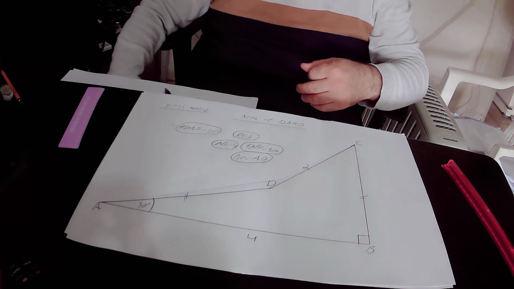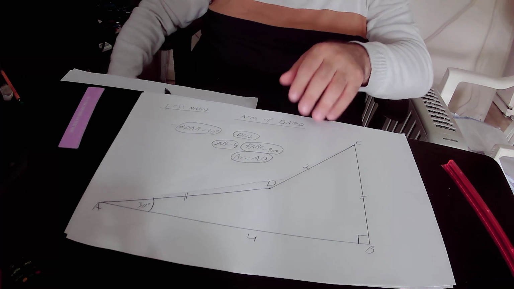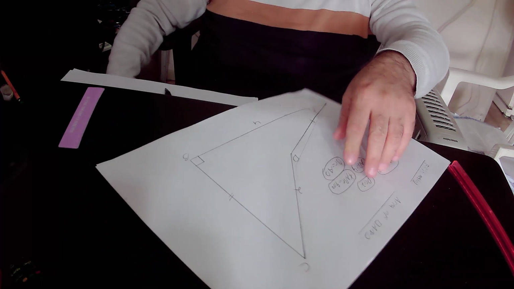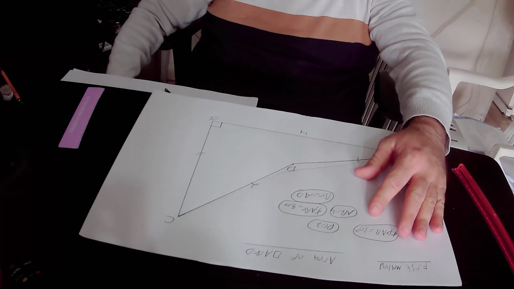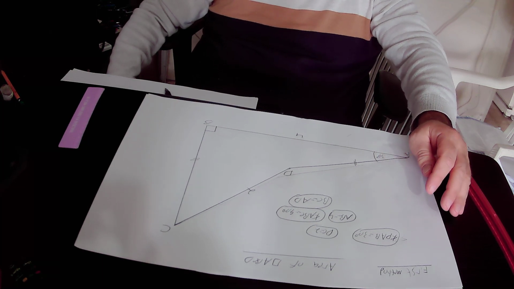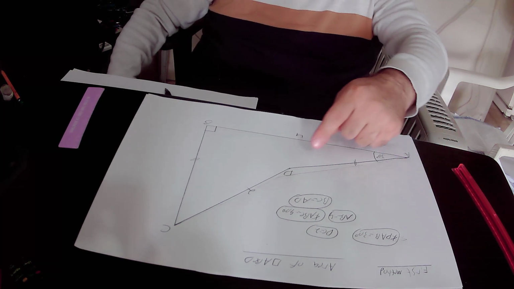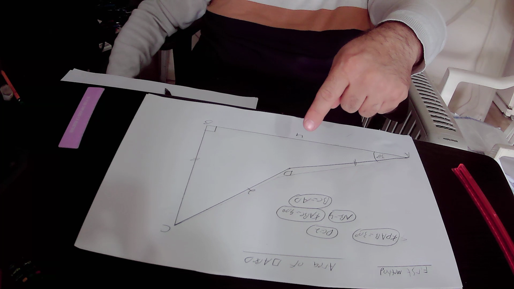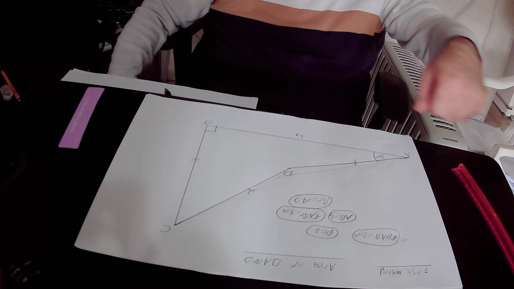So we'll start with the first method. In the first method, from point D, we will draw a perpendicular to AB.